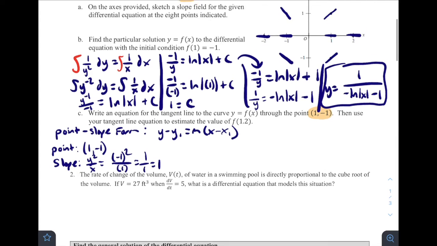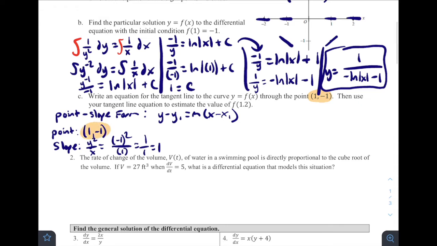With this information, I'm going to substitute into my point slope form. This should give me y plus 1, because it's y minus negative 1, so y plus 1 is equal to 1 times x minus 1. That is going to be our equation of the tangent line.